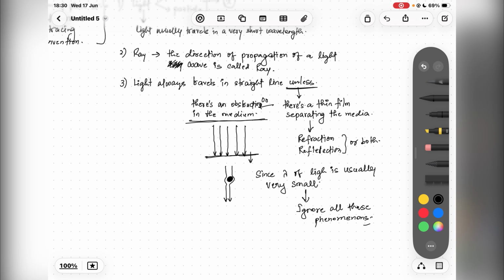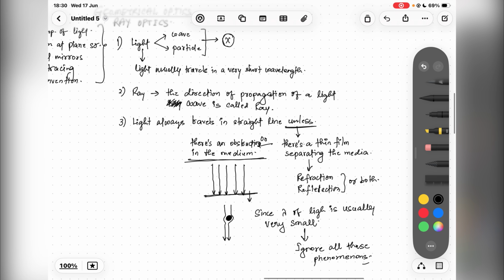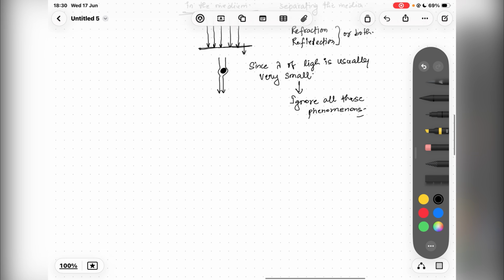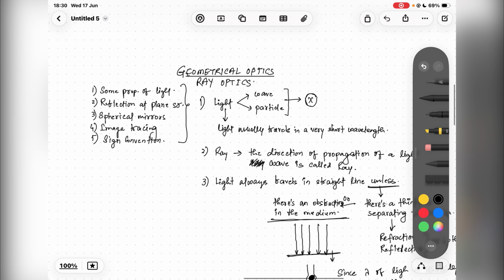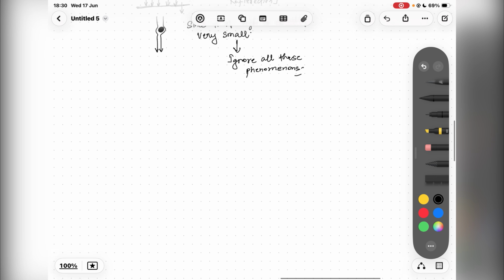Okay, so I guess this is everything. It was the properties of light. We have covered it. Let's go to reflection at a plane surface.